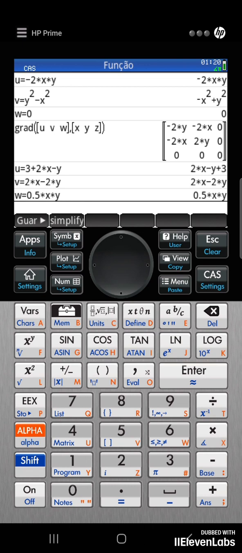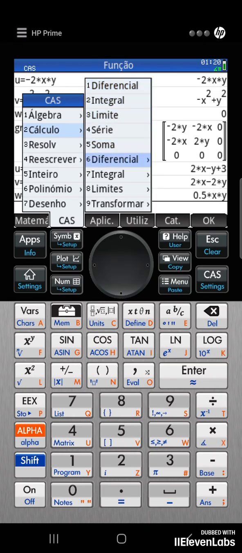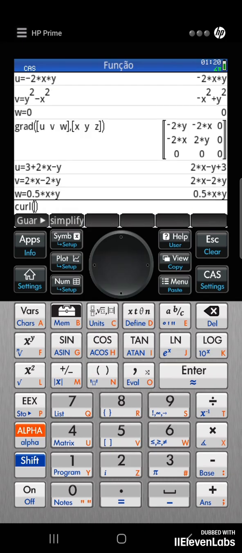Now I can come here to my toolbox again. I will go to toolbox, go to calculation, differential, curl. So the curl is the vorticity vector. Okay, I will write my bracket again here.